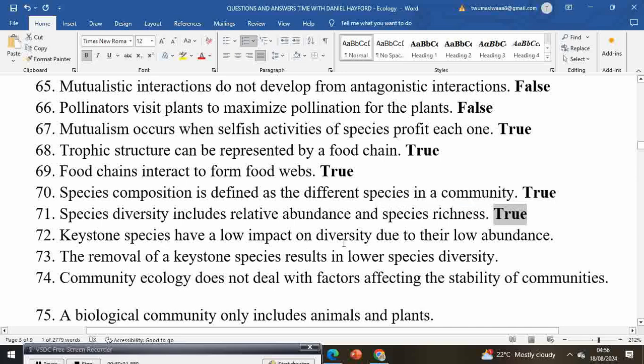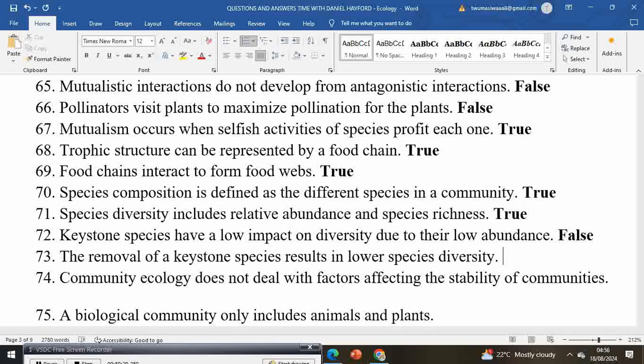72. Keystone species have a low impact on diversity due to their low abundance. Is this one true? No, this one is false. Now, 73. The removal of a keystone species results in lower species diversity.